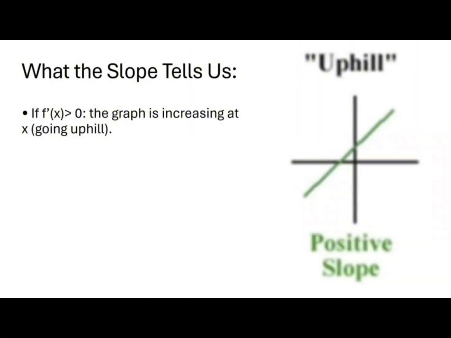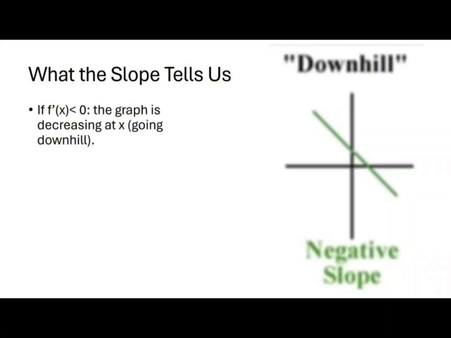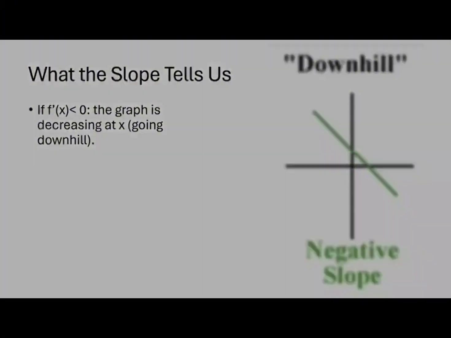Let's now proceed to what the slope tells us. If f prime of x is greater than 0, the graph is increasing at x, or it's going uphill. However, if f prime of x is less than 0, the graph is decreasing at x, or it is going downhill.